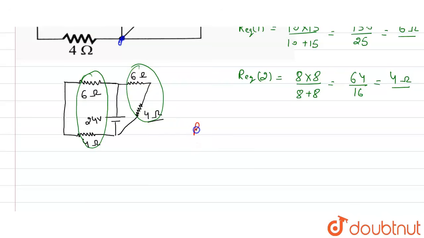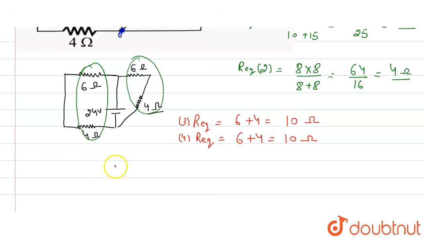For their equivalent, it will be 6 plus 4, as they are in series, it will be 10 ohm, and let us make it R equivalent 3. The fourth R equivalent will also be 6 plus 4, equal to 10 ohms.